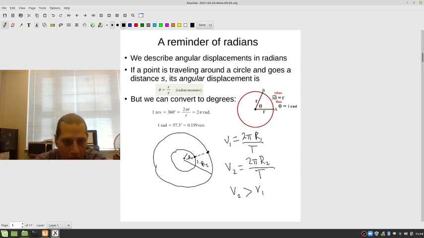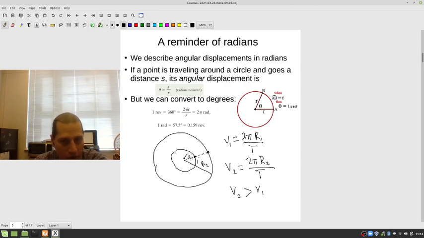However, if we are just thinking about these in terms of radians, this is the same angle that has been covered over the same amount of time. So the angular velocity of these two is going to be the same. Even though one has covered more distance than the other one, they've covered the same angle.